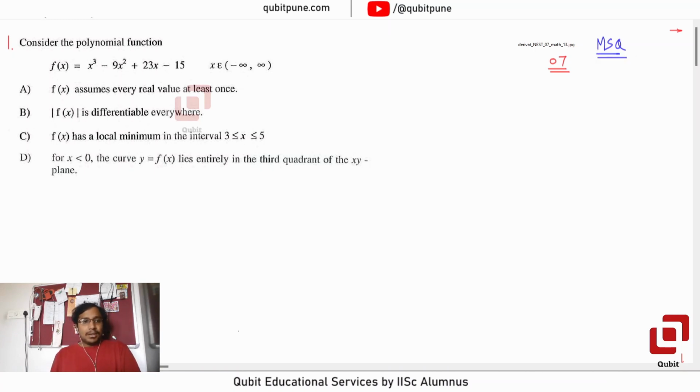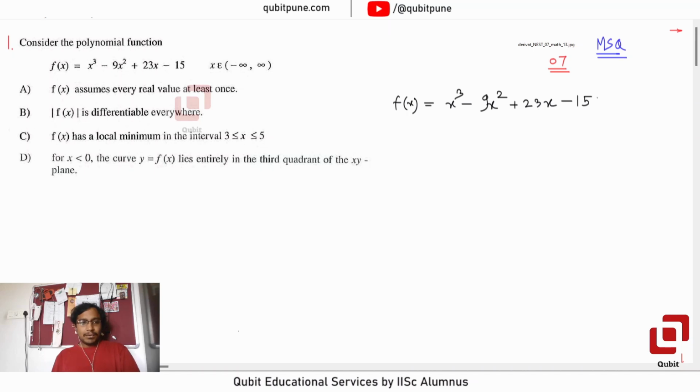Alright, so we will start by writing down the given function, which is x cubed minus 9x squared plus 23x minus 15.